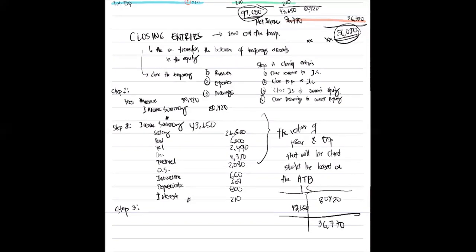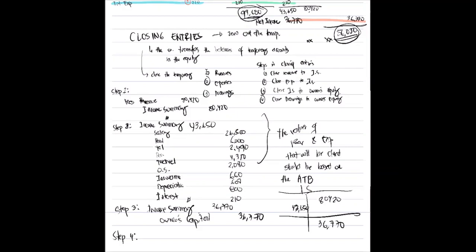And that is on the credit. So, kailangan natin yang i-debit. So, ang gagawin mo, income summary. Where do we close it? Close the income summary to owner's equity. So, income summary and then owner's capital. So, how much? 36,770.